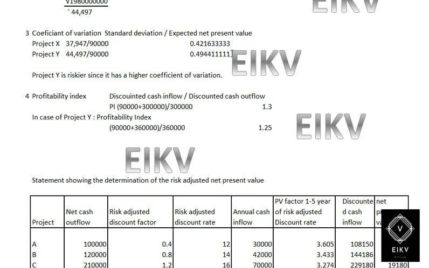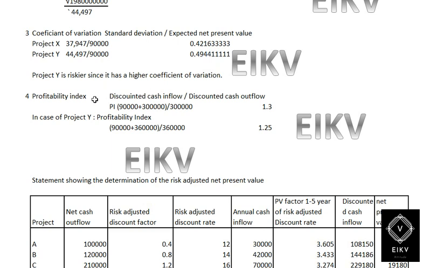So when we check here, we can understand that project Y is much riskier, because its coefficient of variation is higher.